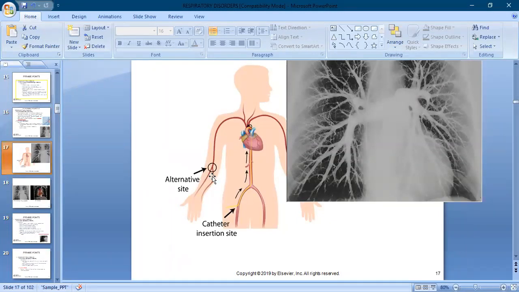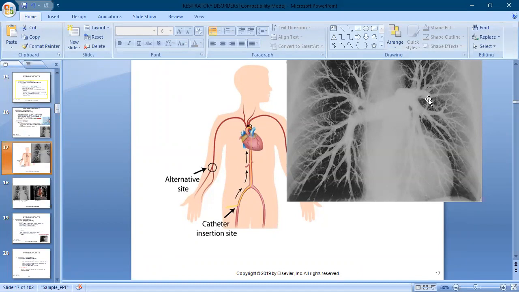The dye, a special type of substance, passes through the artery and enters the pulmonary system. Because of this dye, when we take the picture, it is more visible. Like this picture shows, dye is passing and all of the branches, arteries, veins, tributaries are visible. If any kind of obstruction is there, we can find out.